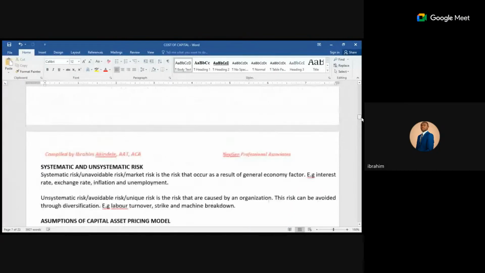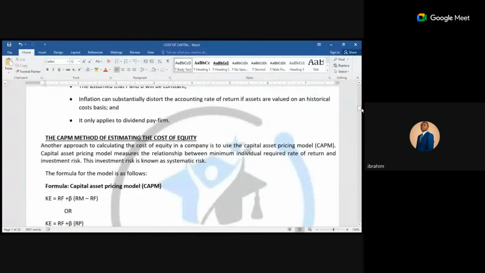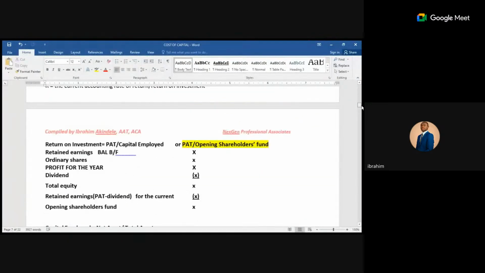Distinguished professional colleagues, I hope I've been able to do justice to this part. Grace does not work in isolation. You cannot sit down one side and be saying that I want to pass this exam, or I must pass this exam, and you are not making efforts. It's not possible.